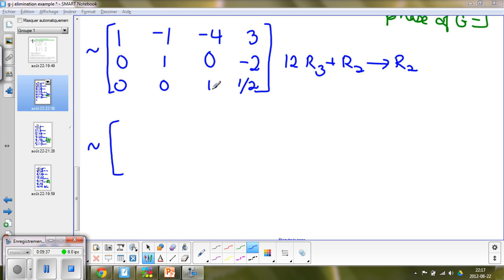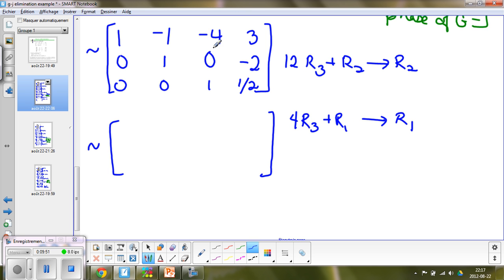So what should we do? 4 times the last row plus the first one. 4R3 plus R1 will be our new R1. So that should bring us a 0 here. Won't affect this, won't affect that, but we'll obviously change the 3. So the last row is the same.